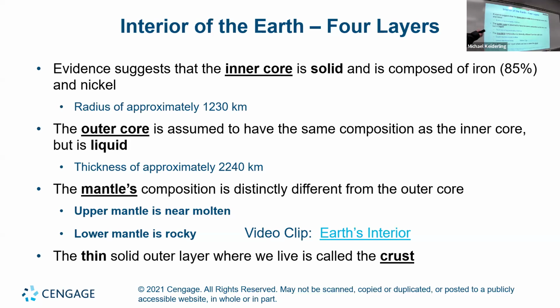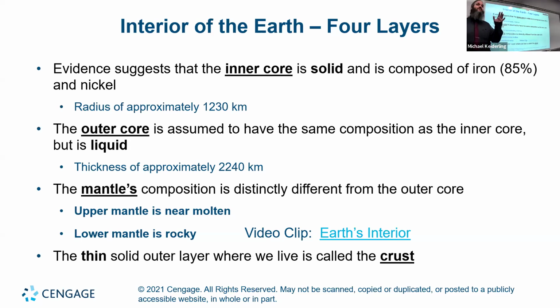So evidence suggests the inner core is solid and composed mostly of iron, about 85%, and nickel, and has a radius of around 1,230 kilometers. The outer core is assumed to have more or less the same composition as the inner core, but it's liquid.